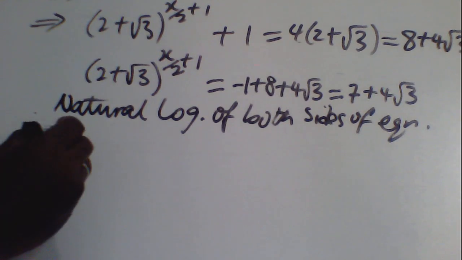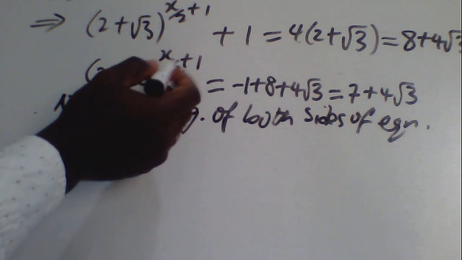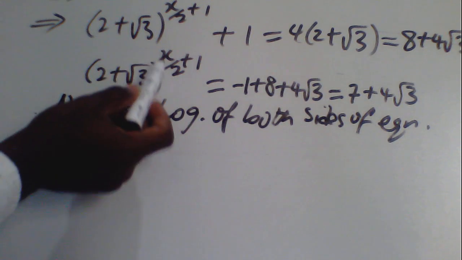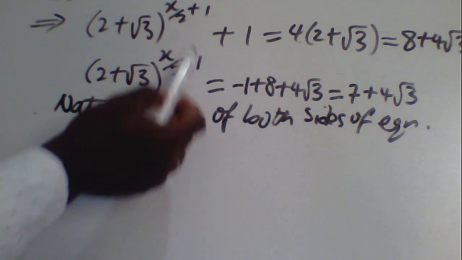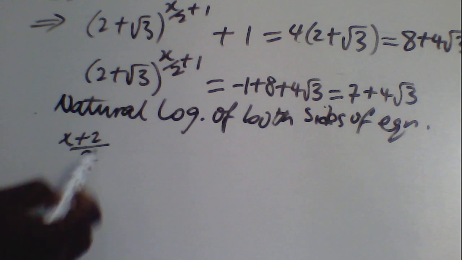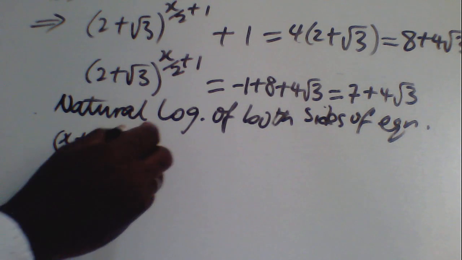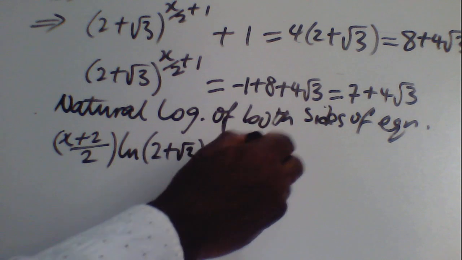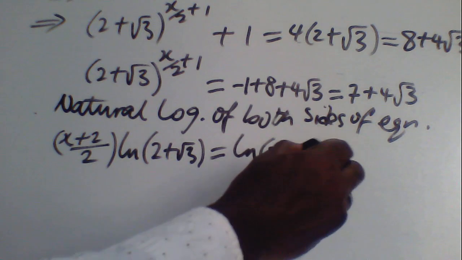So once we do that, we have x. You can find the LCM, x plus 2 divided by 2, the LCM of x over 2 plus 1. So simplify, you have (x + 2) divided by 2 times ln(2 + √3) equals ln(7 + 4√3).